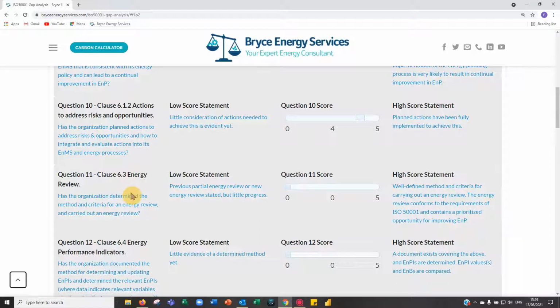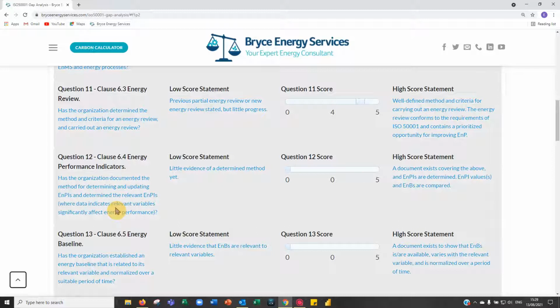But in order to establish some of the baseline indicators which are required, what is your business using in 2019 and what is your plan to reduce from that level? So very important, start with an energy baseline review, if you like, and then energy reviews year on year or at the frequency determined by your management system.